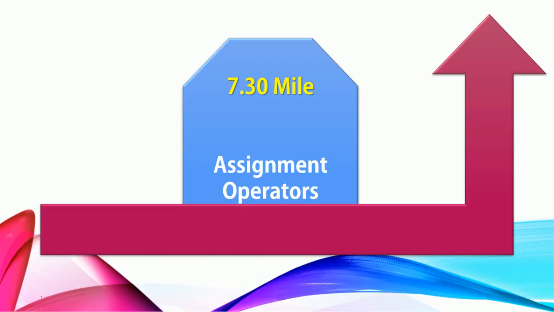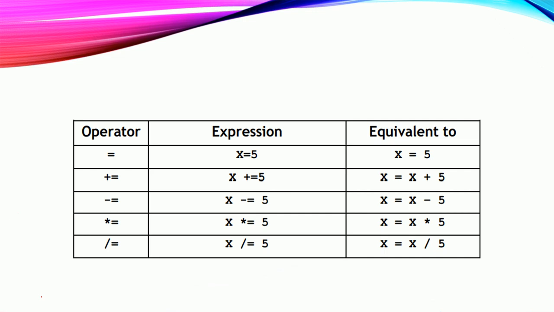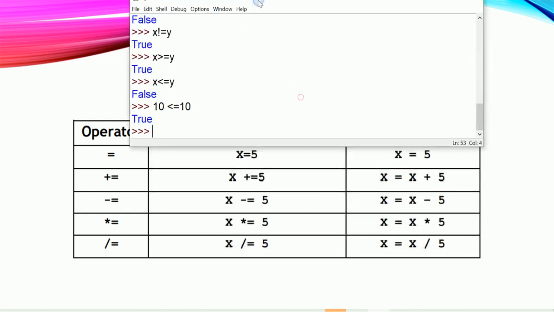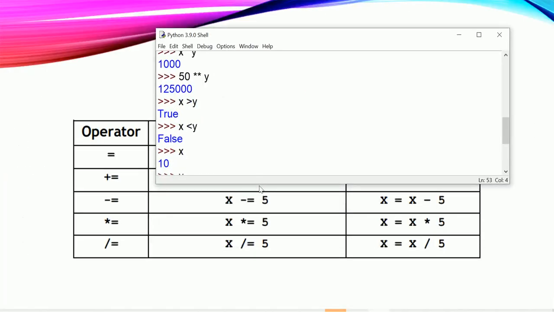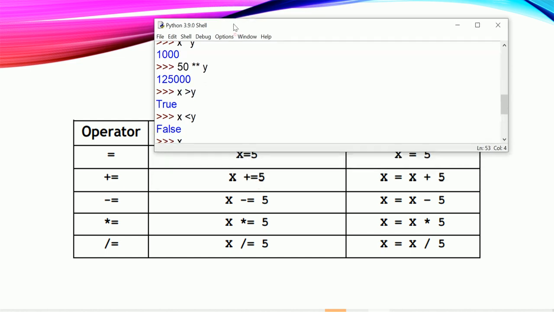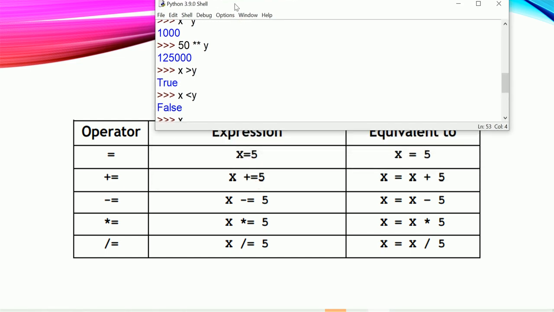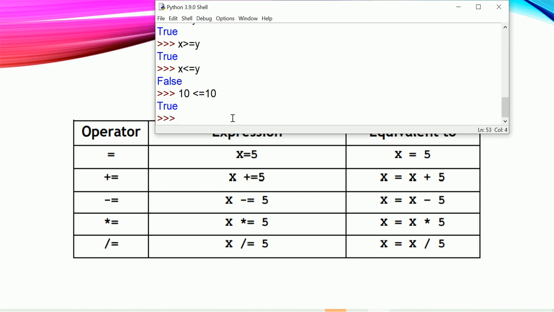Now the assignment operator. Let's see what the assignment operator is. For assigning, we need the assignment operator. Let's see how it works. Take the expression x equal to 5, which means we are assigning the value 5 to x. Okay, now the plus equal to operator.